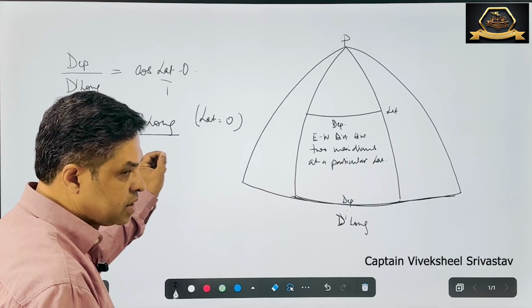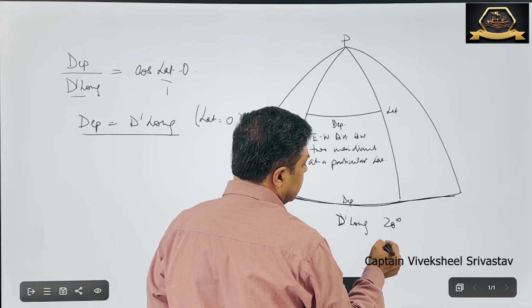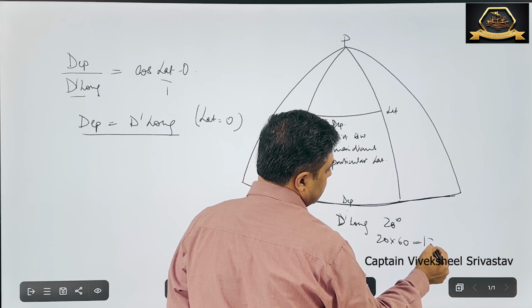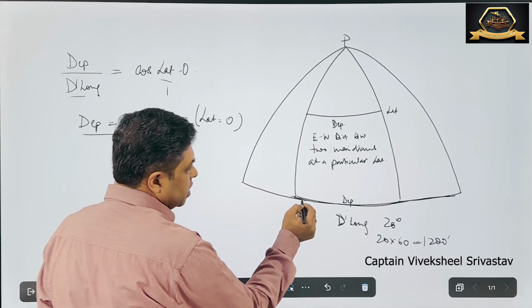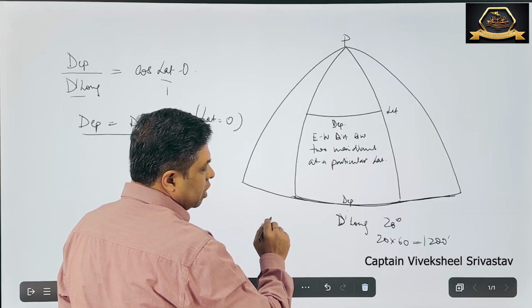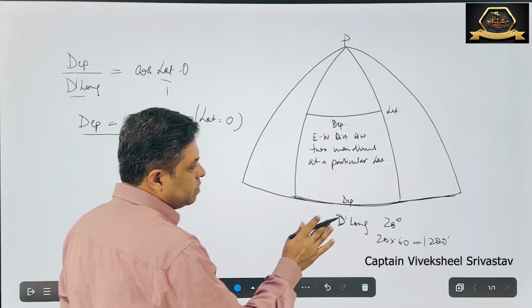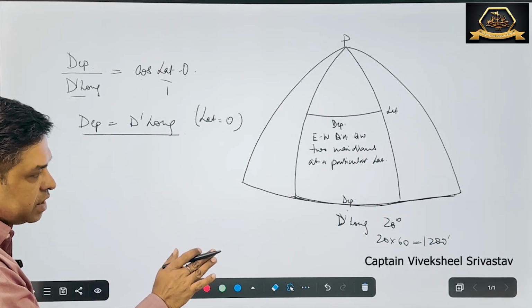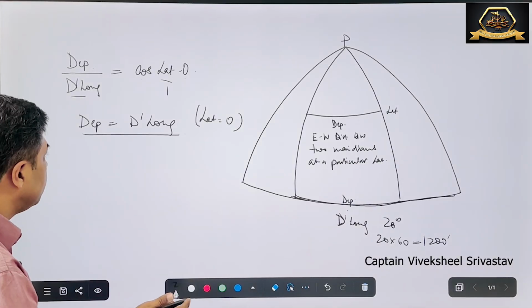Now departure in miles. Suppose the d long is 20 degrees, right? Departure will be 20 into 60, 1200 miles, right? We'll talk about the scale, how to measure distances later on, but at the equator, the departure in miles and d long in minutes are equal.